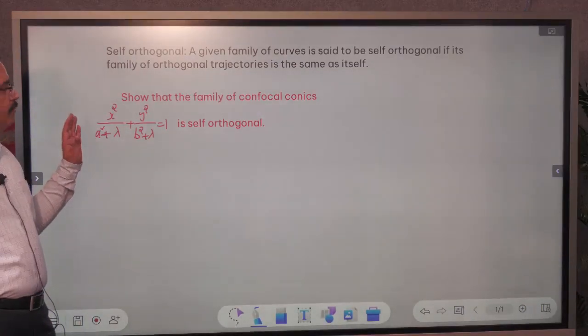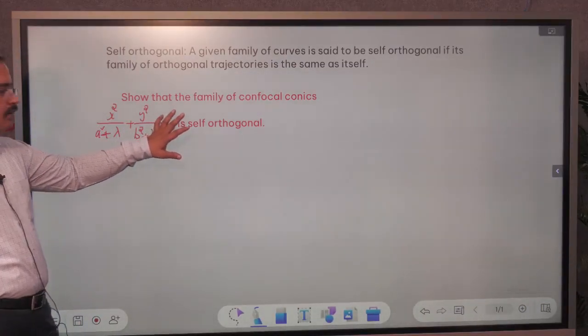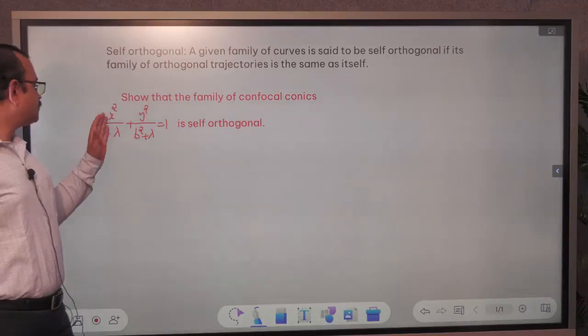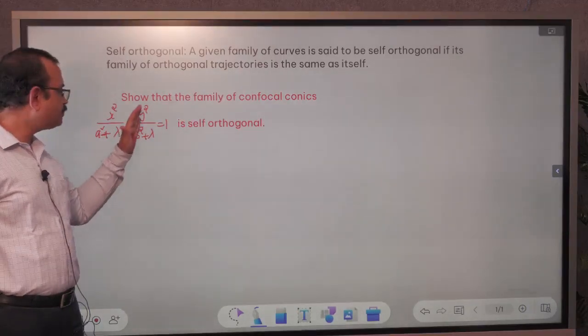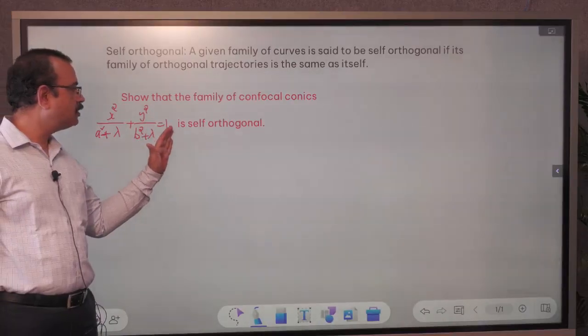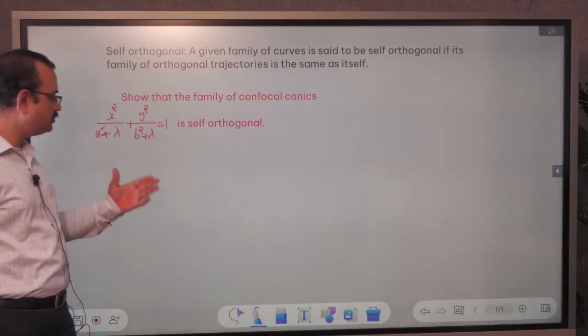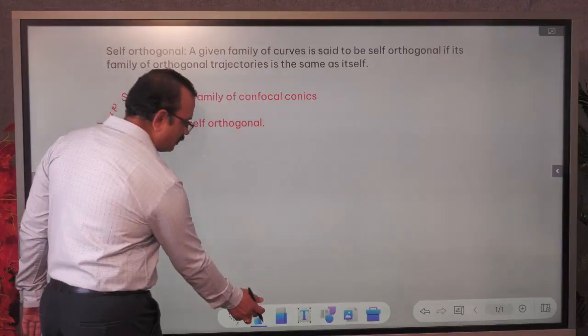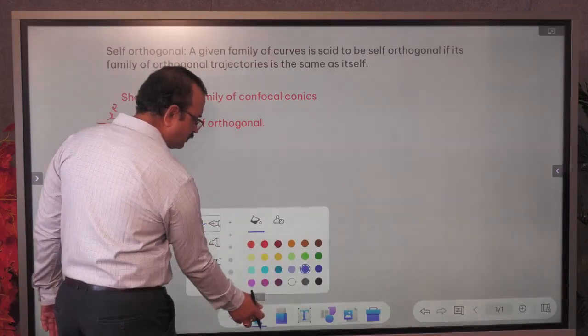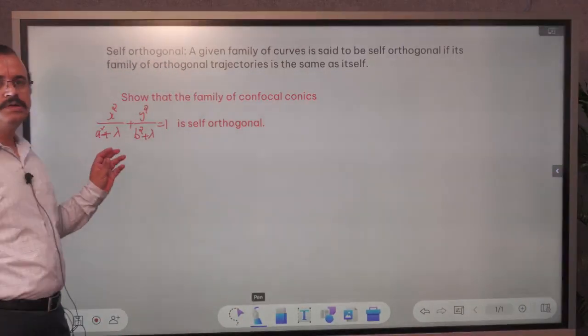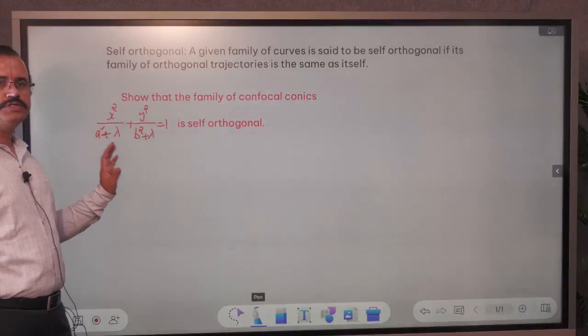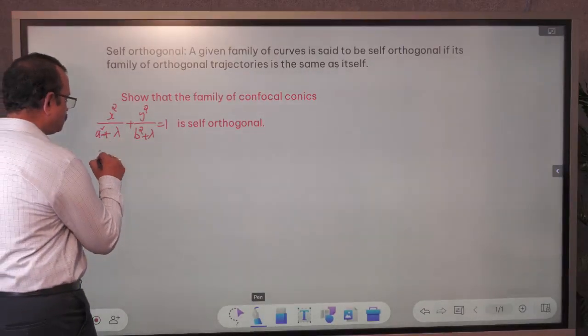So one family of confocal conics is given, and this is what we have to prove. First of all, we have to find the orthogonal trajectory of this family. Now we will see the solution.